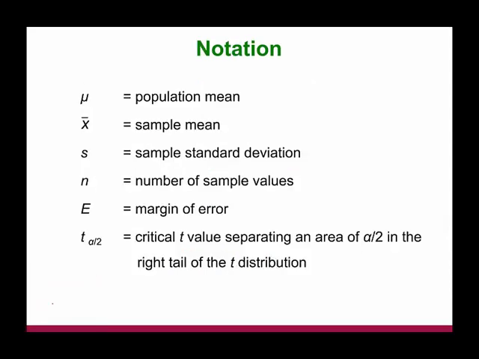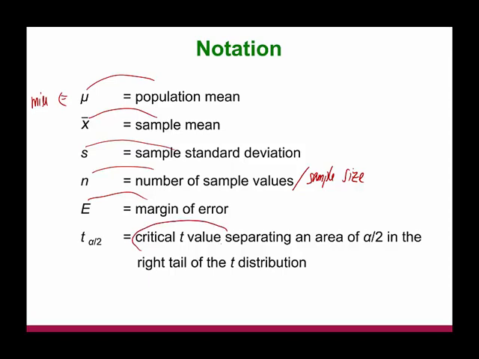So let's summarize all these notations. Mu is the population mean, x bar is the sample mean, s represents the sample standard deviation, and n represents the sample size. E represents the margin error. t alpha over 2 is the critical t value, just like a critical z value.